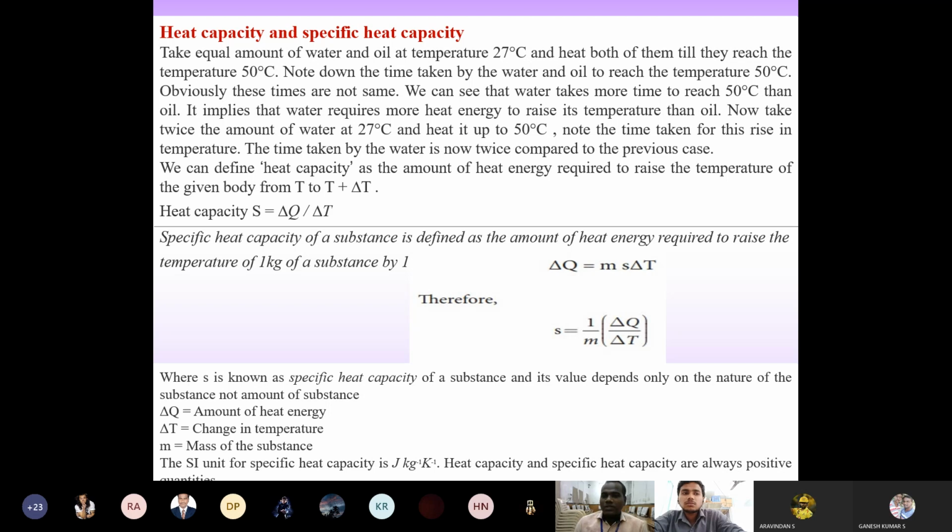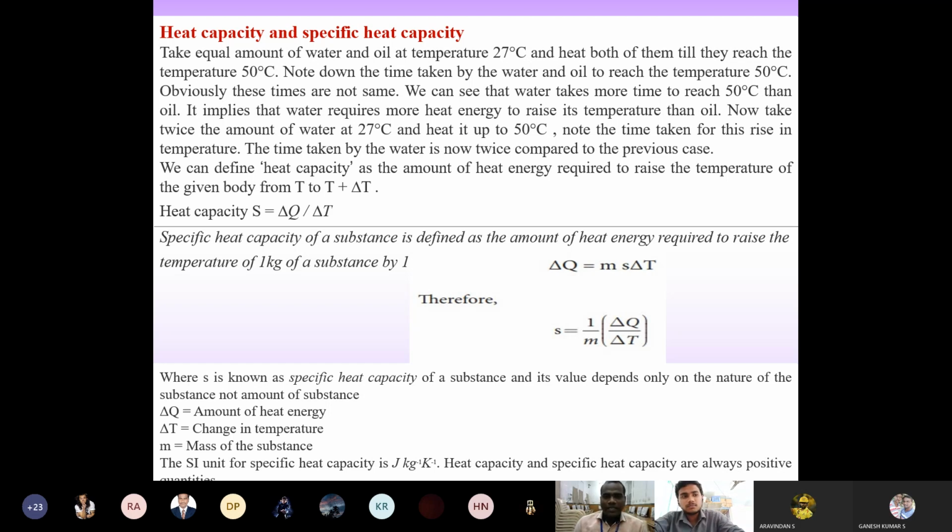For example, if it was 5 minutes in the previous case, with twice the amount of water the time will be 10 minutes. So if you increase the volume by twice, the time also increases by twice.